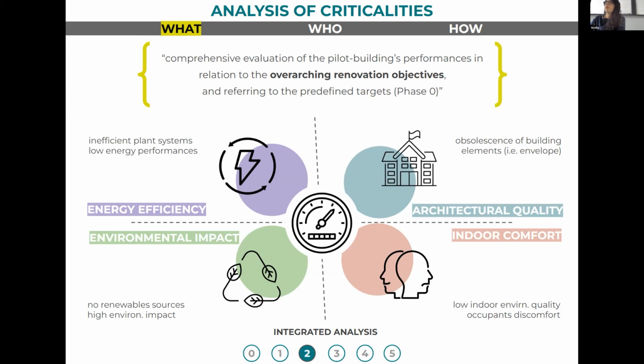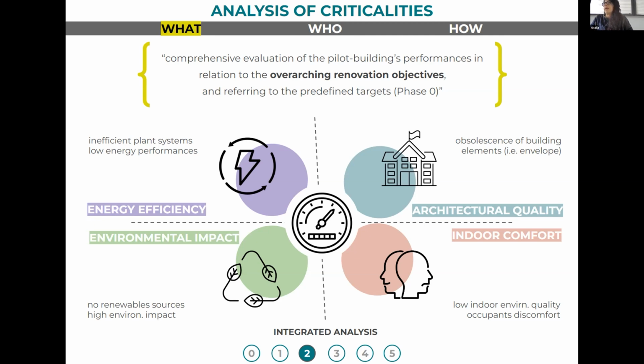And so the criticalities that we are going to search for and find in the existing buildings refer, for example, to inefficient plant systems or low energy performances. Or criticalities can regard the architectural side, the architectural elements, and so the obsolescence of the elements, in particular in the envelope. Other kinds of criticalities can regard the perception of indoor comfort, and so the low comfort perceived by the occupants.